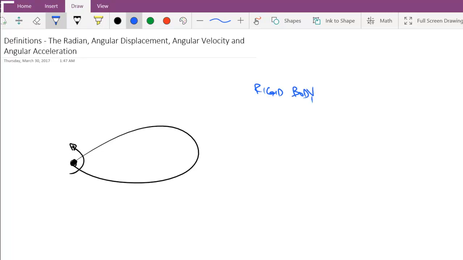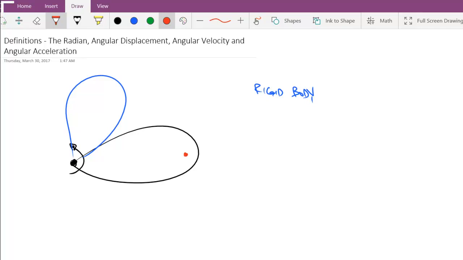What we mean by that is that as this rotates, so let's say it rotates up through some angle, comes up like this, as it rotates, all the points remain fixed relative to each other.